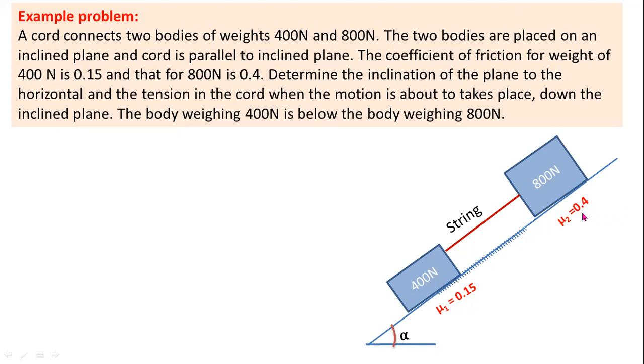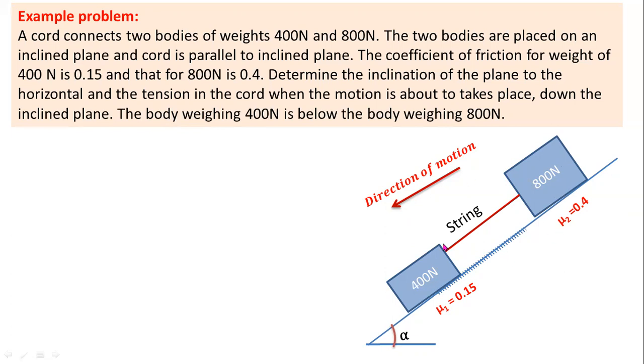Now determine the inclination of the plane to the horizontal, and the tension in the cord or string when the motion is about to take place down the inclined plane. The body weighing 400 newtons is below the body of weight 800 newtons. This is the given question.